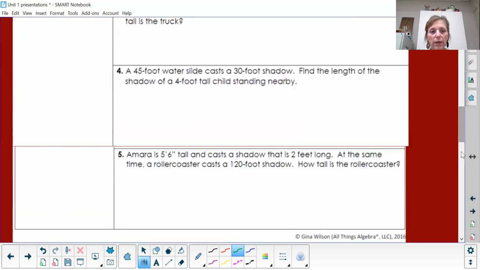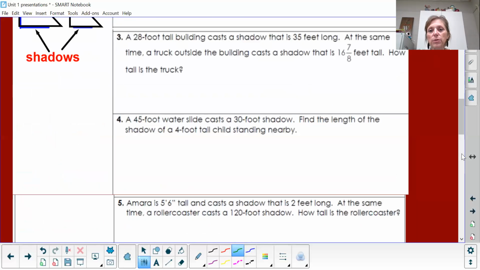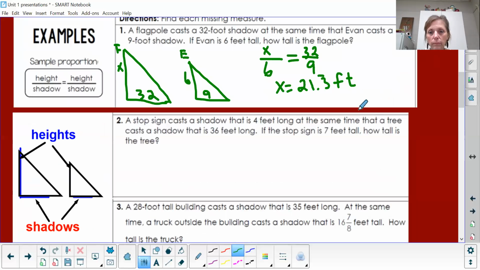I'm going to slide down here, and I'm looking for 0.3 repeating. Do you see this? So I'm going to back up, and I'm going to put 1/3 foot. So it's 21 1/3 foot. So I'm going to go up there and finish my answer. 21 1/3 foot, or feet. And then I put a box around it. This can be kind of tricky.